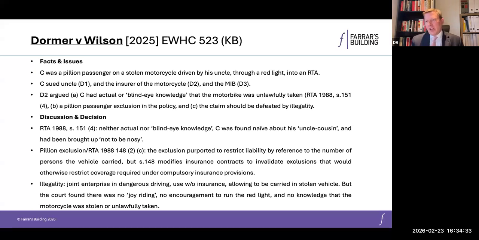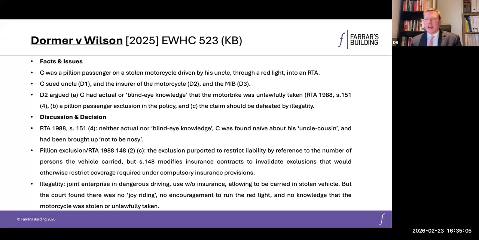Moving to the second reason that the case is interesting, the court held that the RTA insurance policy that was in force in relation to the vehicle had a pillion passenger exclusion, but that was found to be of no effect against the innocent passenger because of section 148(2)(c) of the Road Traffic Act, that restricts liability by reference to the number of persons that a vehicle carries.